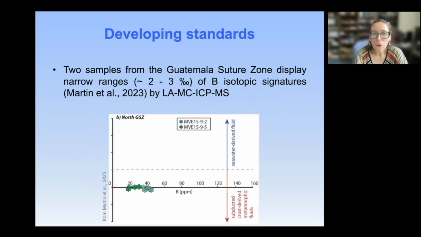Okay, thanks. What we noticed in our study on samples from the Guatemala suture zone is that we have two samples presented here that have a very narrow range, 2-3 per mil, for boron isotopic signature.